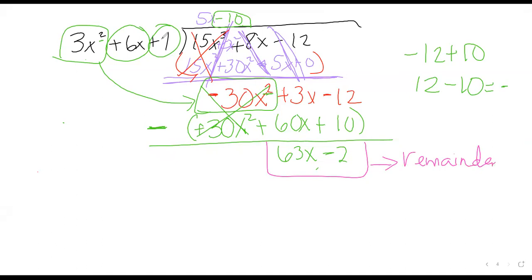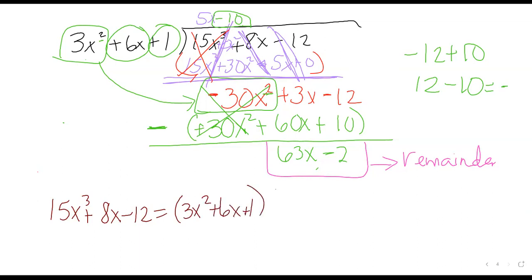So now I can go ahead and write my final answer, which again is this. No, I did it the wrong way. It's 15x cubed plus 8x minus 12 equals the 3x squared plus 6x plus 1 times my quotient.